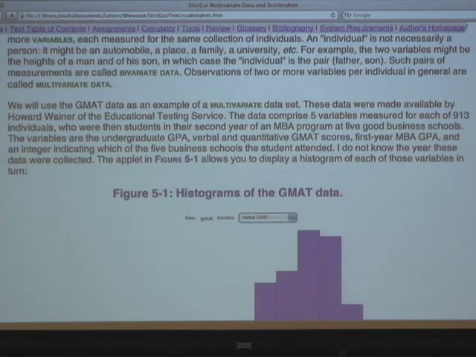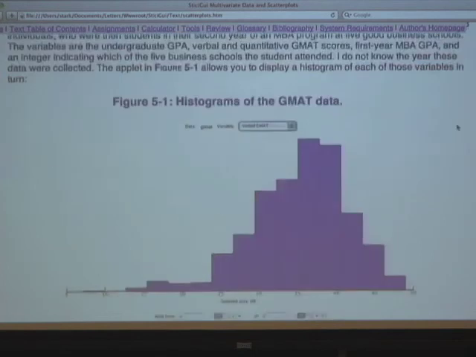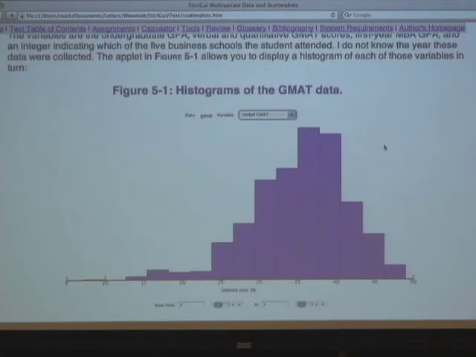So these were undergraduate majors, went on to business school, and what do we have measurements for them? Measurements for these 913 individuals. We have an indicator of which of the 5 schools they ended up going to, what their verbal GMAT score was, what their quantitative GMAT score was, what their undergraduate GPA was, and what their first year MBA GPA was. Okay? So we've got a handful of variables for each of 913 students.